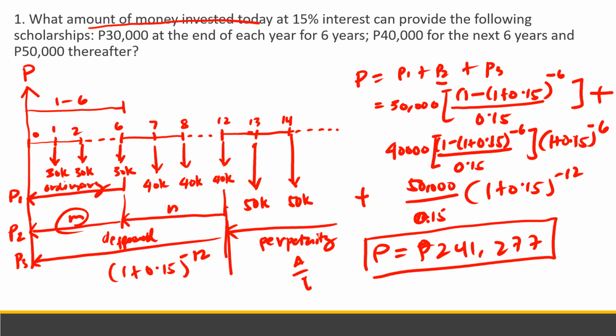So 30,000 each year for 6 years, 40,000 each year for the next 6 years, and 50,000 indefinitely. So pwedeng hanggang 20 years, 30 years, 50 years. So hanggang buhay ka pa na depositor or yung may-ari nung investment plan. Okay, so that is for perpetuity.